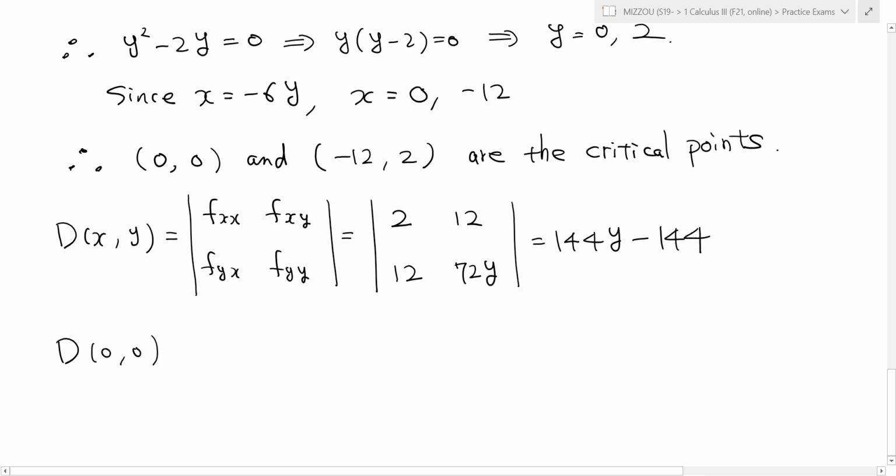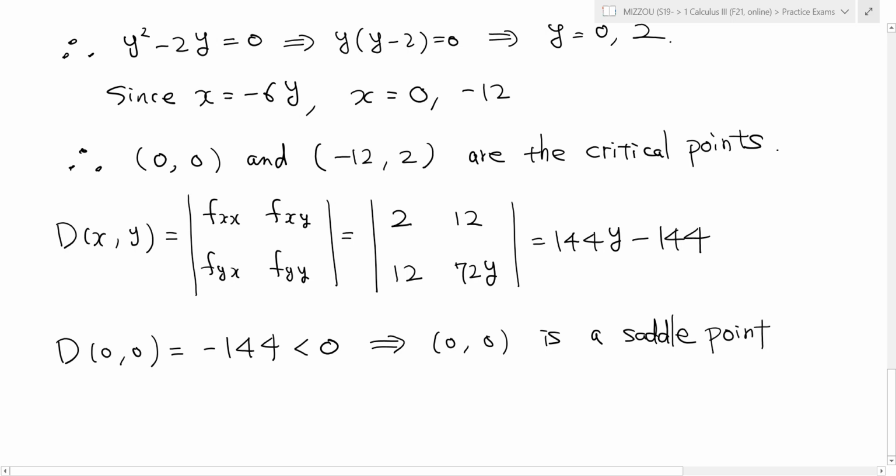You just plug in 0, 0 here, and then you get negative 144. Negative 144 is negative, so this automatically implies that 0, 0 is a saddle point. If D is negative, it's automatically a saddle point, and that's pretty much the end of the story.